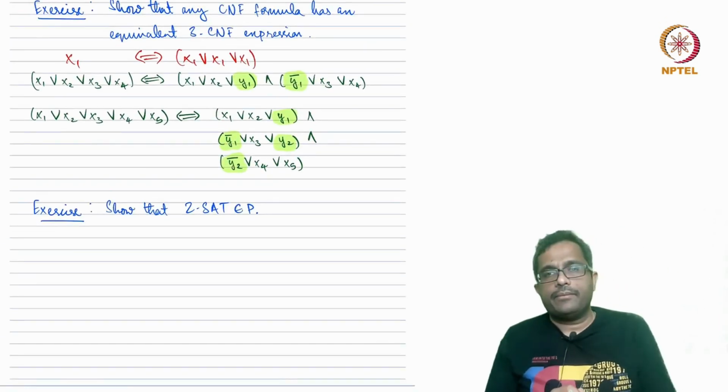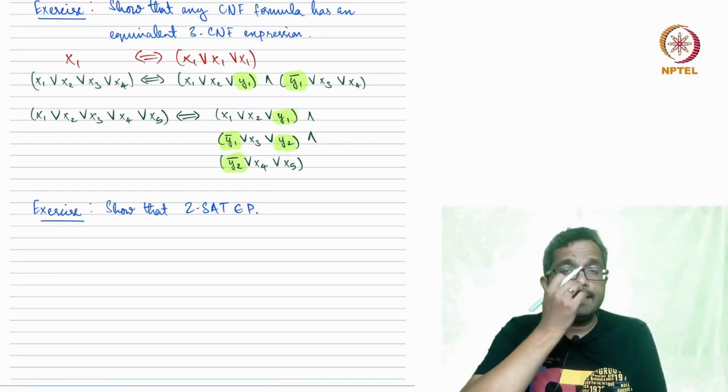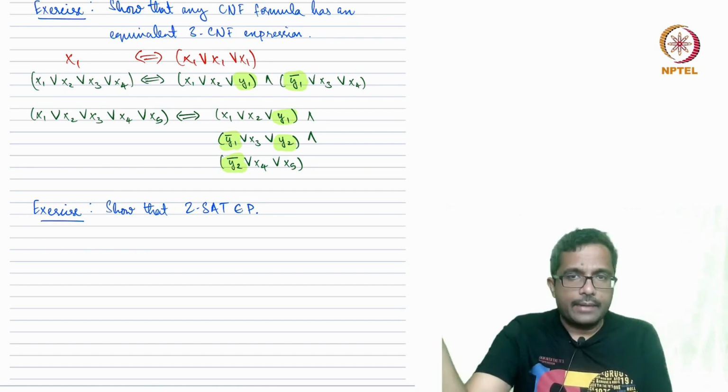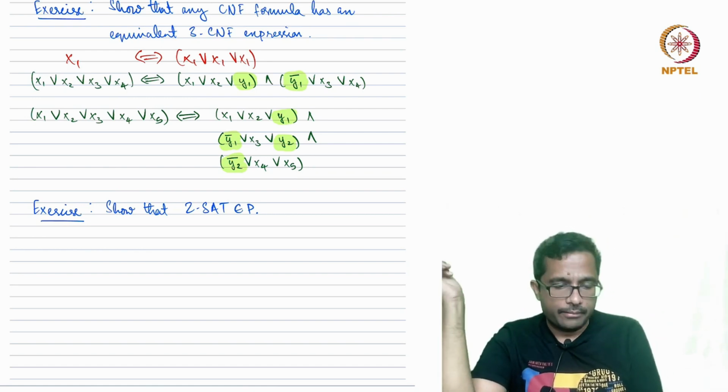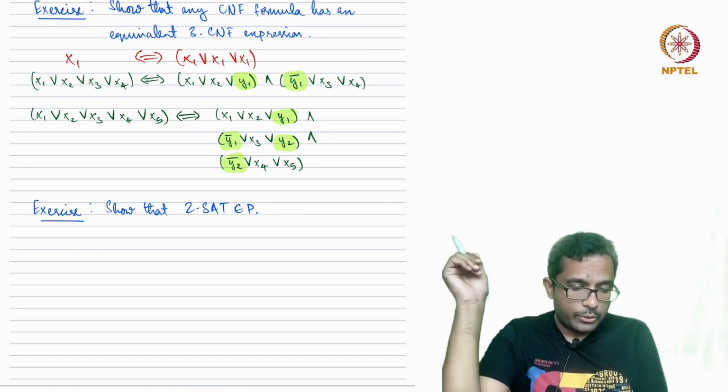2 SAT is in P, right? So we said that 3 SAT is NP complete, which means it's unlikely that 3 SAT has a polynomial time algorithm. However, 2 SAT, so what is 2 SAT?